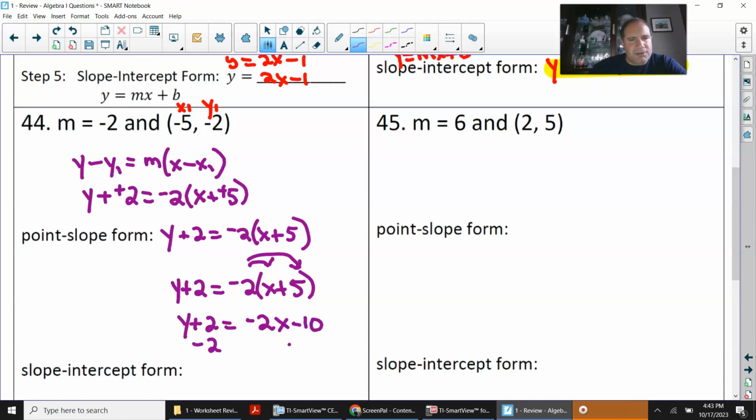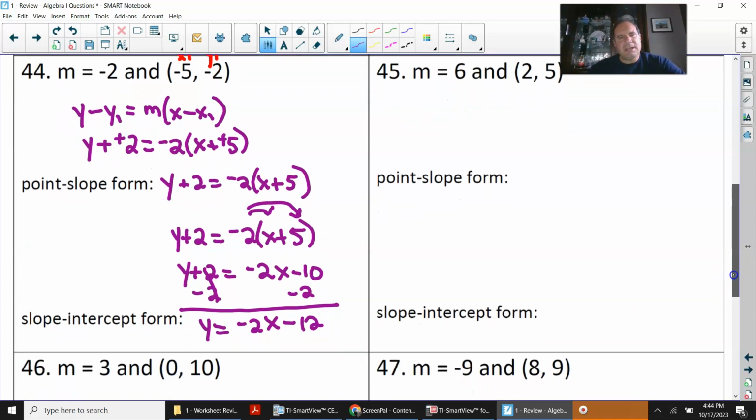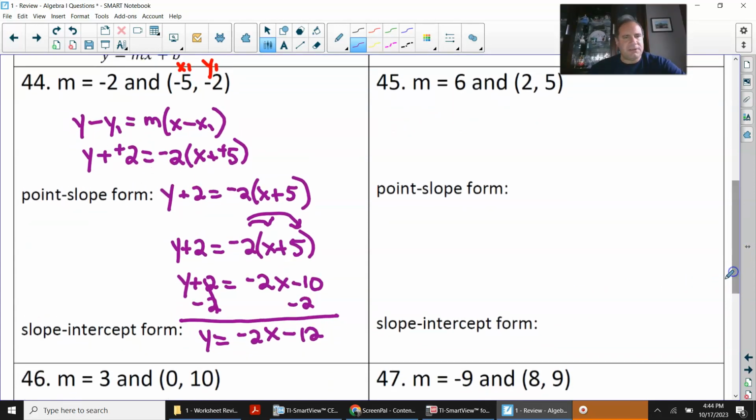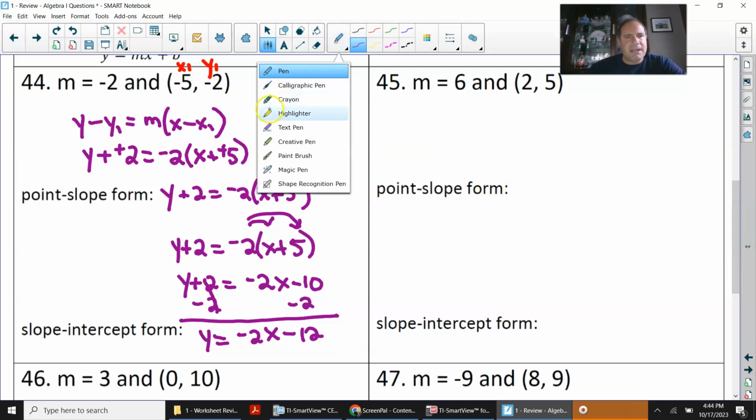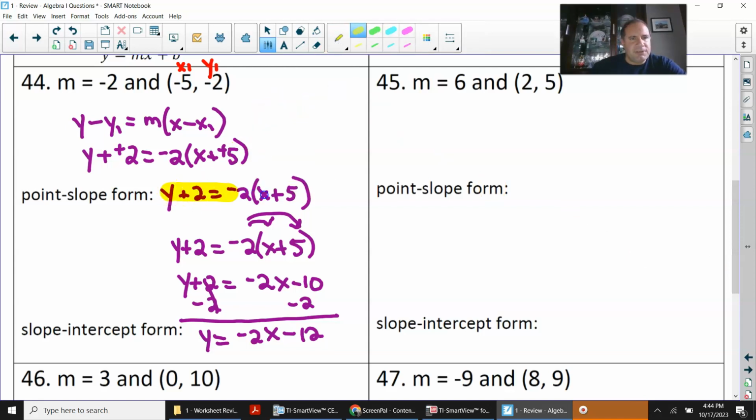Minus 2 on both sides. This cancels. And the slope-intercept form is y equals -2x minus 12. -10 minus 2 is -12. And that's slope-intercept form. So you have your two answers right here. This is point slope form. This is slope-intercept form.